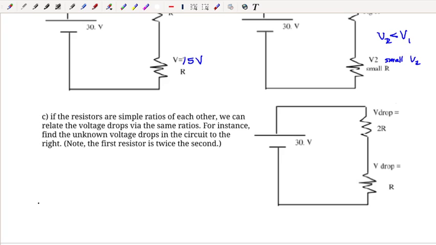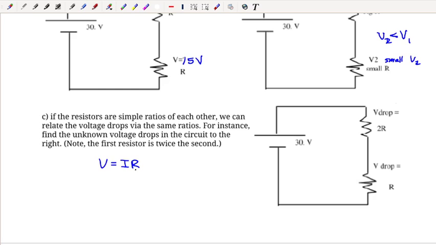Last one, if the resistors are simple ratios of each other, we can relate the voltage drops via the same ratio. For instance, find the unknown voltage drops in the circuit to the right. Note the first resistor is twice the second. So again, thinking in terms of V equals IR, if R gets twice as big, V is proportional, so V is going to be twice as big.